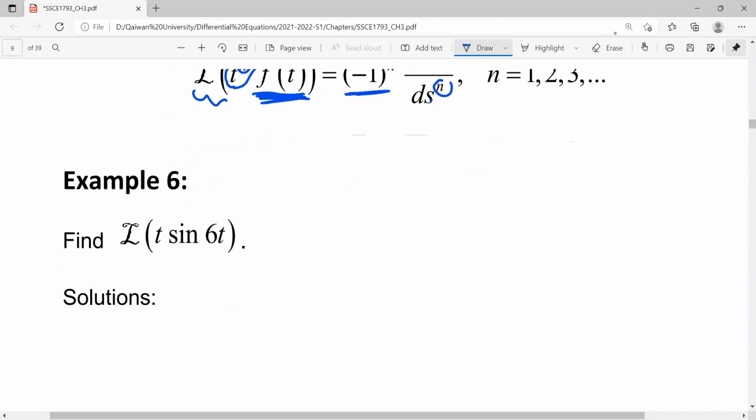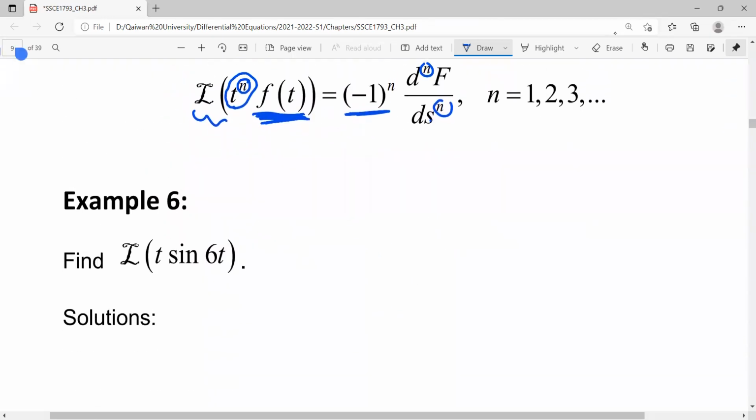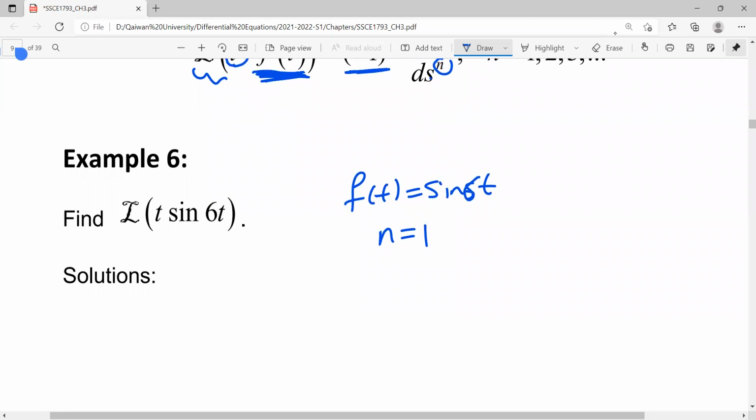It says the Laplace transform of t sine 6t. What's f of t and what's n? We should determine these two. F of t equals sine 6t. N equals 1. First, let's find f of s.